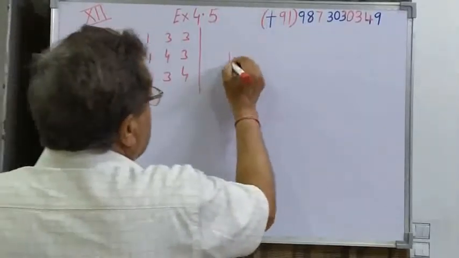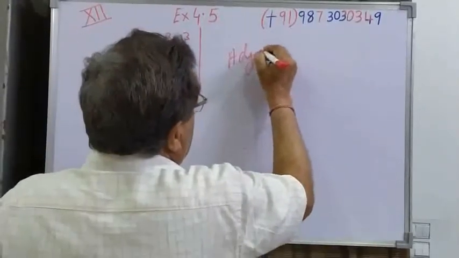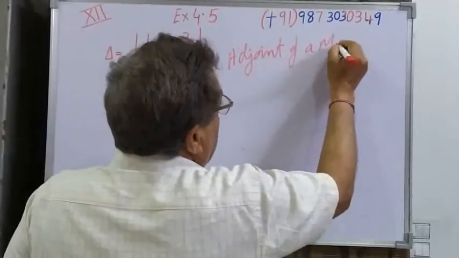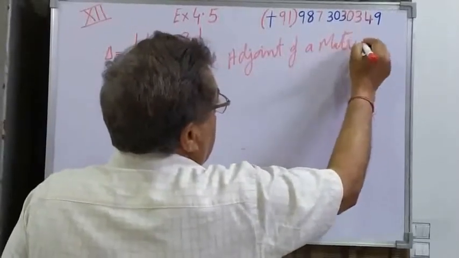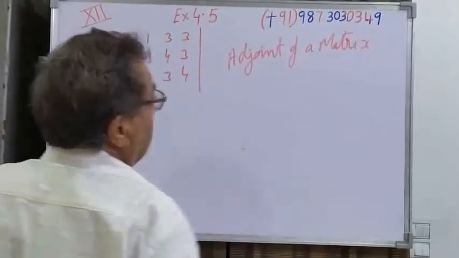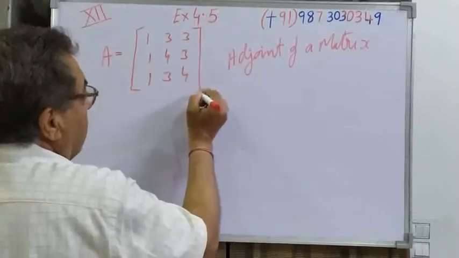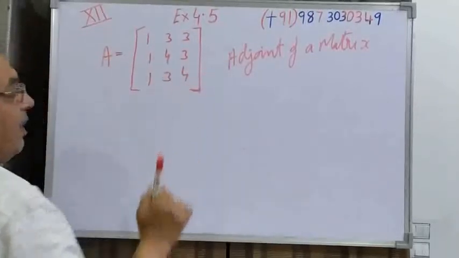The topic is the adjoint of a matrix. Okay, so now we make it a matrix, say A, and it becomes a matrix A of order 3 by 3.